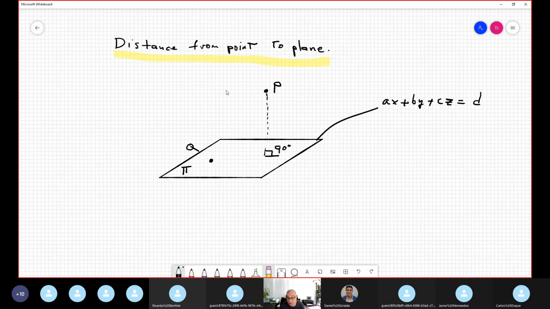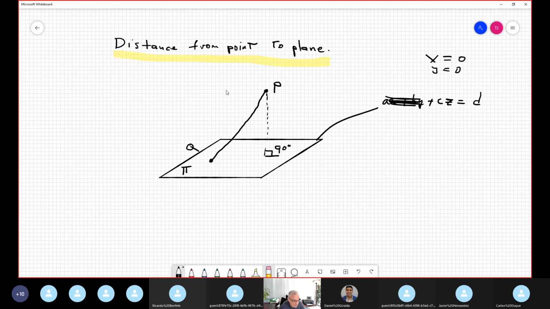So you assume an arbitrary value, totally arbitrary. You suppose x equals 0 and y equals 0. And this part is gone, and you find the z value. And the point is 0, 0, d over c. So you find it completely arbitrary. We have infinite possibilities.